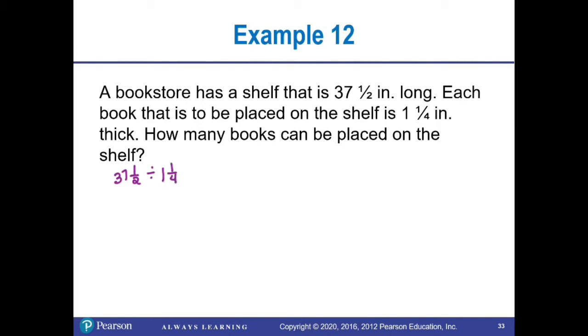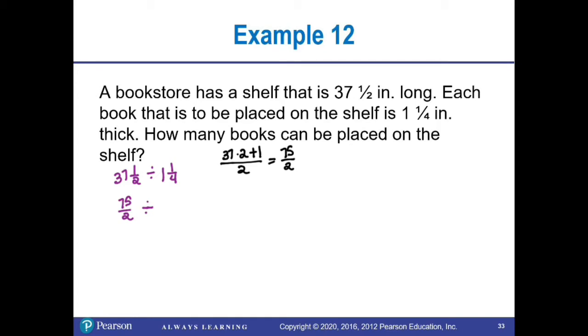First, change your mixed numbers to improper fractions. We have 37 wholes. Each whole is divided into 2 parts, so we multiply times 2, plus 1 more part, divided by the 2 parts that our wholes are divided into. 37 times 2 is 74, plus 1 is 75 over 2.